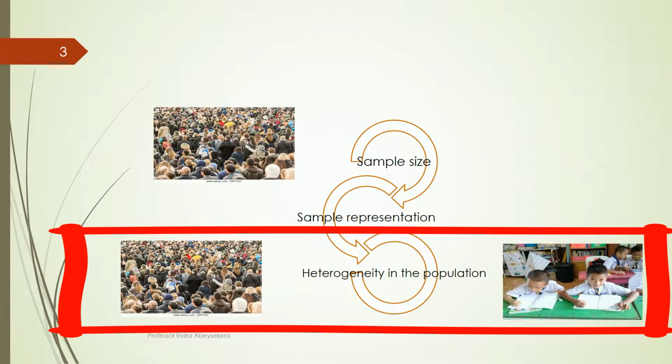On the other hand, if you go to a classroom where there are similar children of similar ages, the chances of taking a representative sample from the classroom are much greater because there is more homogeneity in that population. So to overcome or to compensate for that heterogeneity, one way is to increase the sample size so that the sample becomes representative of the population.